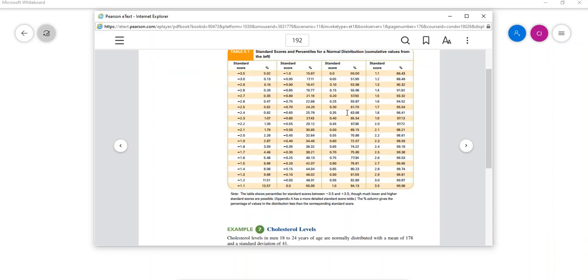we need a better table, and I'm going to get one right here if I can just pull this up. I'm Googling z-table, okay, and I'm going to pull one up and show you.